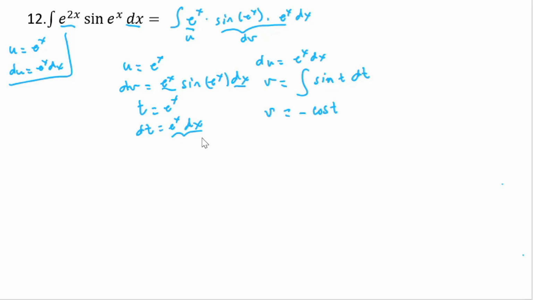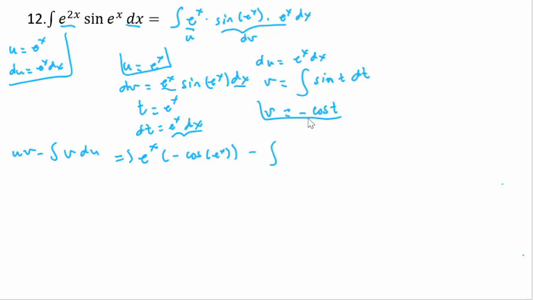Now, we are going to use the integration by parts. So we have uv minus the integral of v du. So this is now equal to uv, this is our u, and this is our v. So the product will give us e raised to x times negative cosine of t, but t is e raised to x. So I can write negative cosine of e raised to x minus the integral of v du.